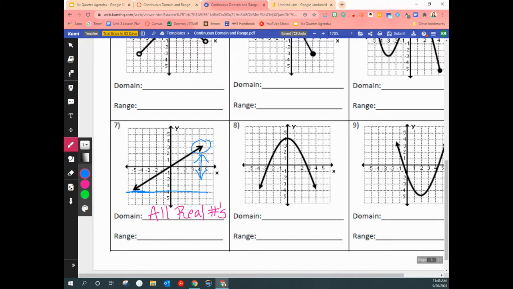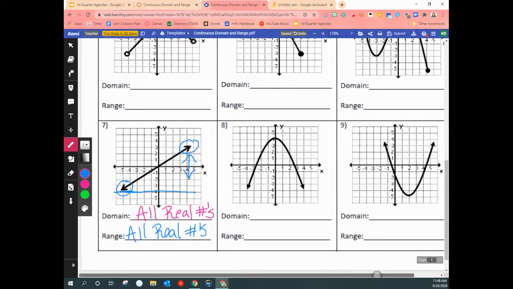So it keeps going up and it keeps going down forever because I still have arrows on both ends. So my range is also all real numbers. Again, you can write out the word numbers if you want. I'm using the hashtag to make it a little bit shorter.